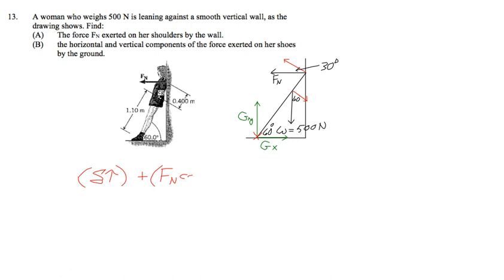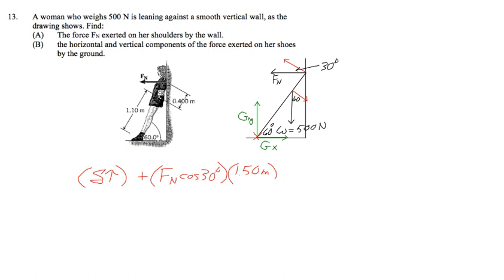So Fn cosine 30 degrees times its distance to the pivot point. I didn't put those numbers on my picture, but they're on the other picture, so what would it be? 1.5. Right, 1.50 meters, because from there all the way to there is 1.50 meters.